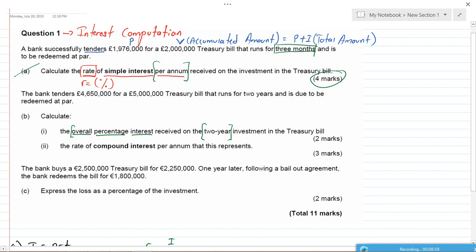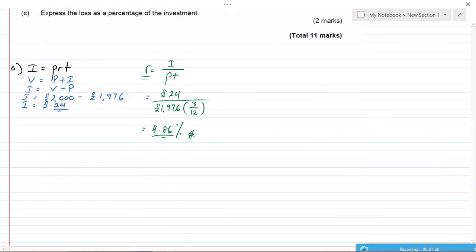And they never mention what formula to use. Normally, if they just ask you to calculate the interest, that means you have to use simple interest. Simple interest again. So go back to the working for part B and put in the formula: I equals PRT.